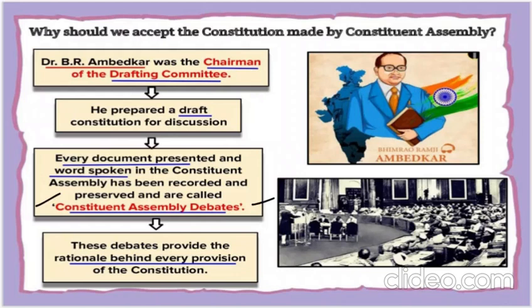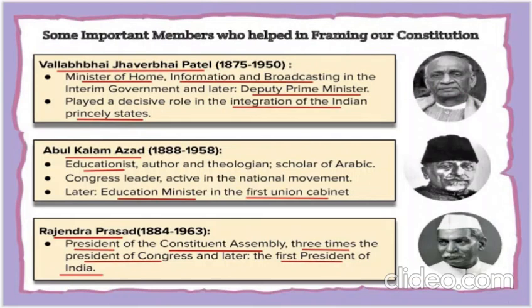You can remember CAD, Constituent Assembly Debates. Now, these debates provide the rationale behind every provision of the Constitution. Now, we cannot study all the 299 members, but yes, we have nine people who were the most important people who helped in the Constitution.